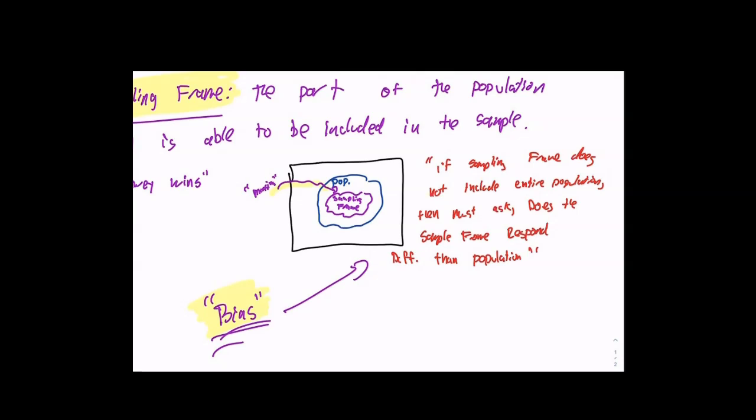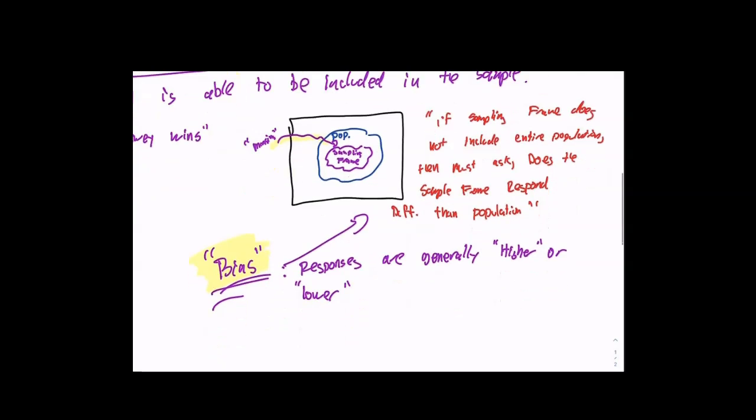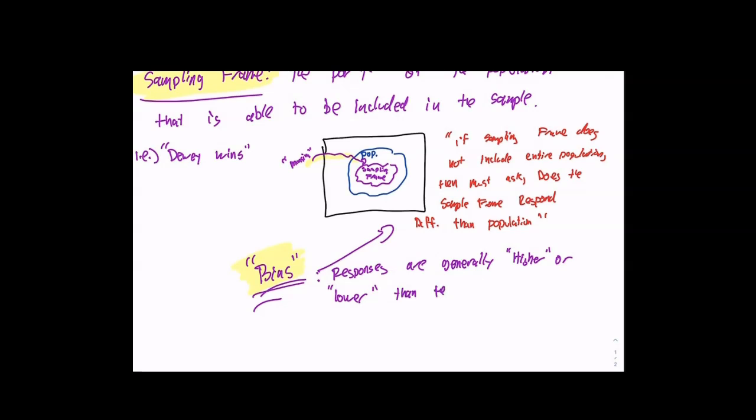Any instance where the responses of my sample are generally higher or lower than the true population truth.